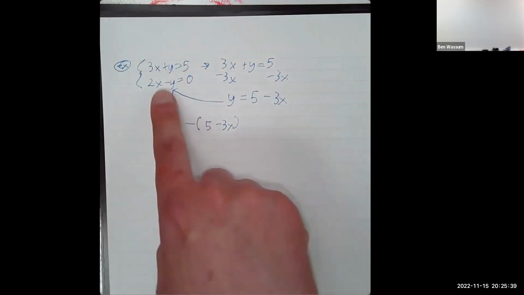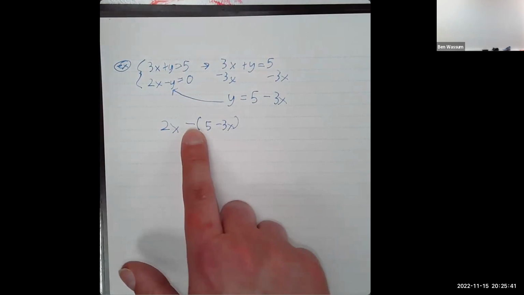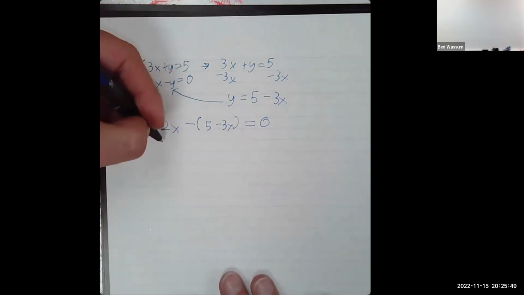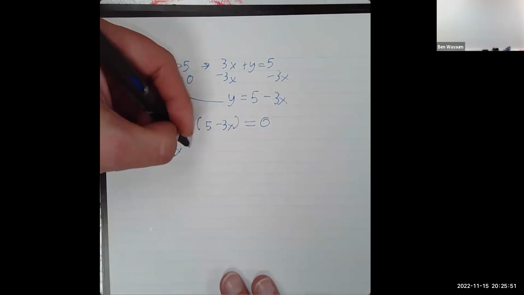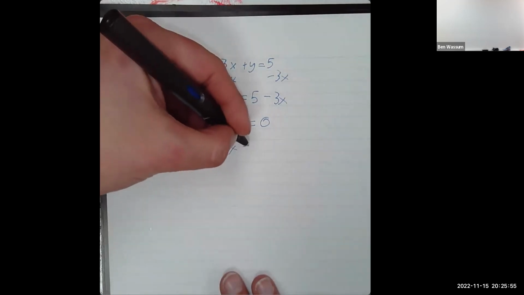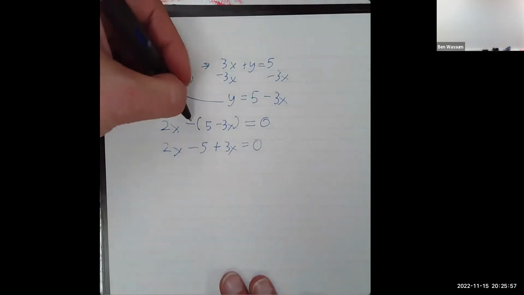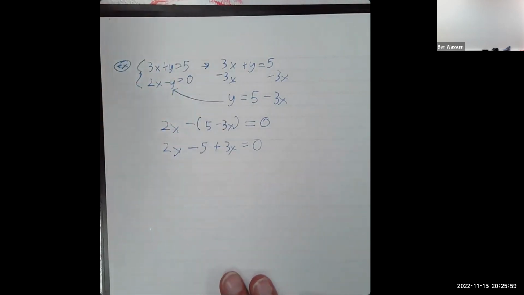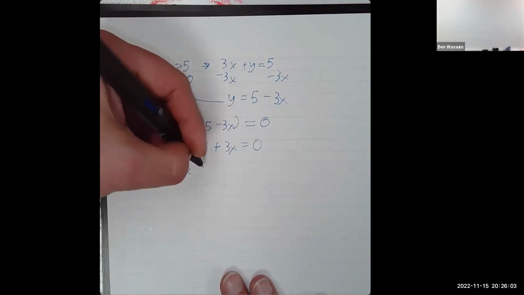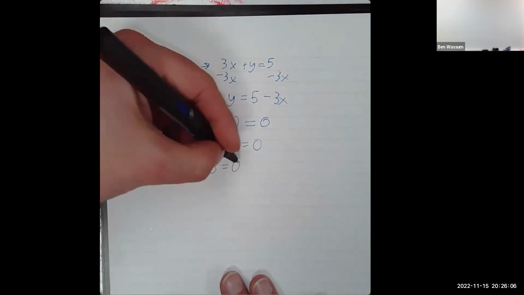Always put in parentheses, especially in situations like this, because that negative, you treat it like a -1, and it will distribute in here. You end up with 2x minus 5 plus 3x. That negative flips the signs on both. Combine like terms, we have 5x minus 5 is 0.